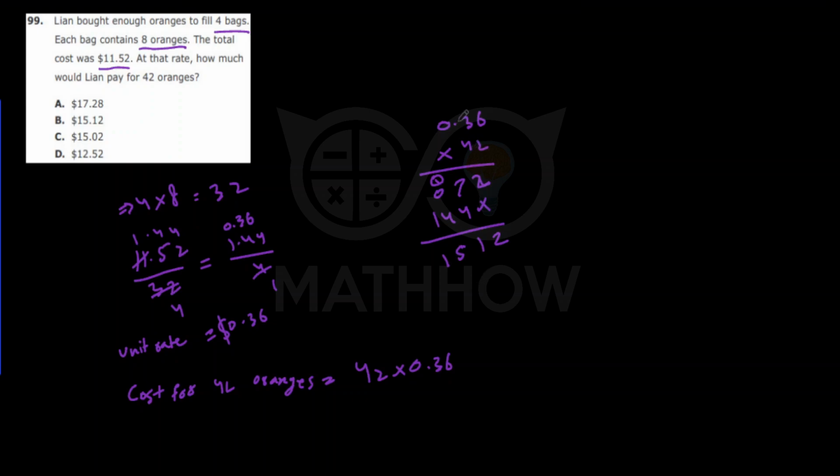The total number of digits after the decimal point is 2. So counting from right to left, 1, 2, this will be the decimal point here. So the total cost for 42 oranges will be $15.12. The correct answer is option B.